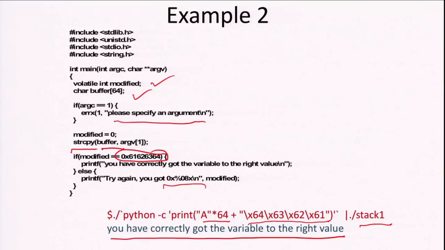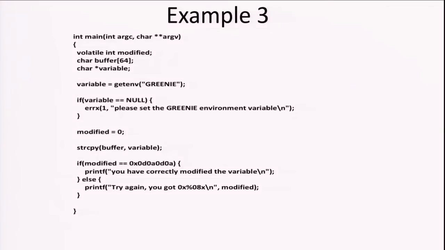Now the third example, again very similar: we have a variable modified, and then we have a buffer with size 64, and then we have a pointer which is called variable, and in this pointer we are assigning a particular environment variable's value.